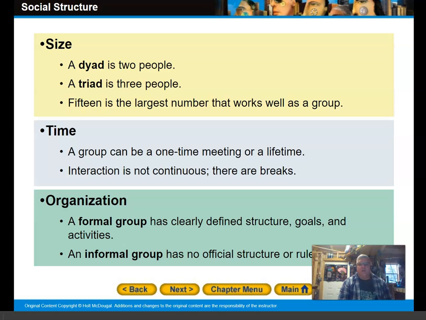A formal group has clearly defined structure, goals, and activities. An informal group has no official structure or rules of conduct. So a formal group might be your civic group that you belong to, where an informal group might be you and a bunch of your friends hanging out.